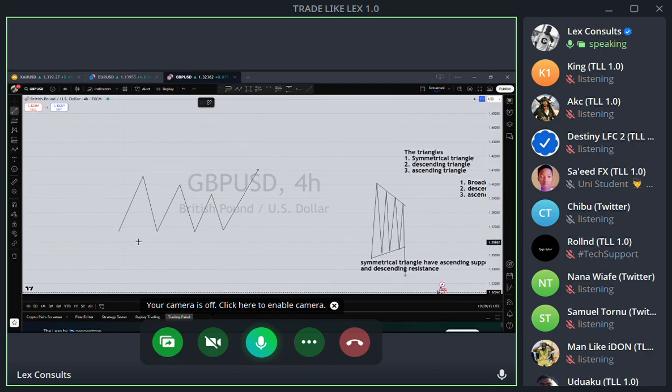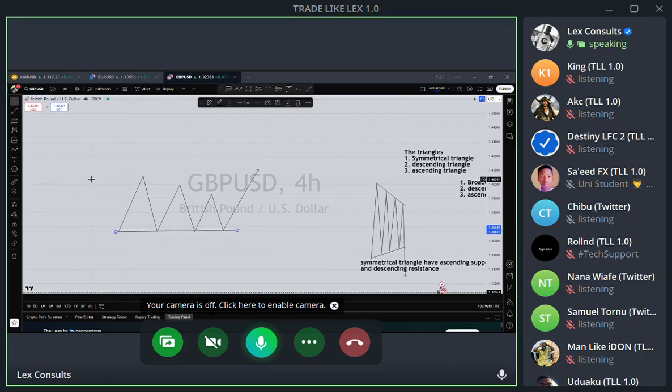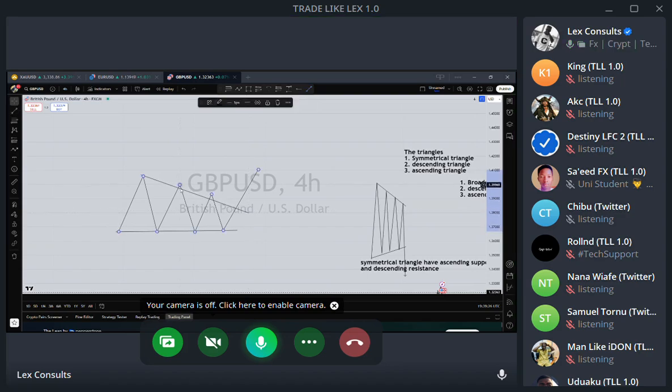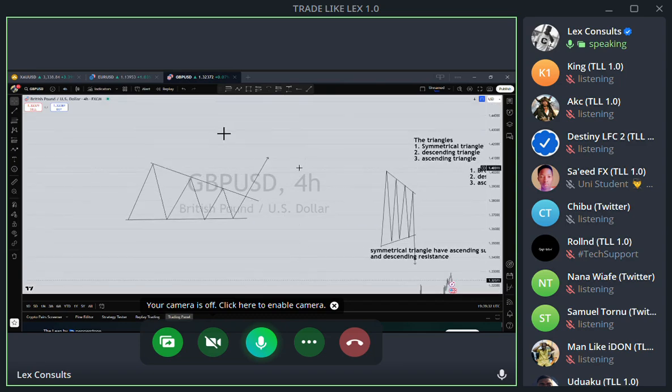Alright, so our support is horizontal, but our resistance is descending. The market can break down, it can break up. You take your position after breakout, okay?